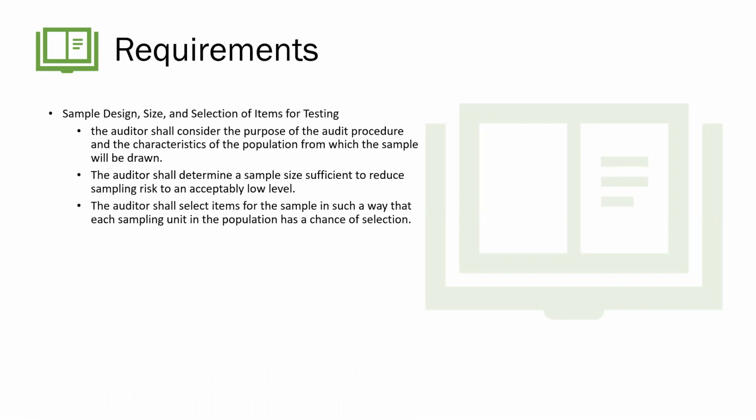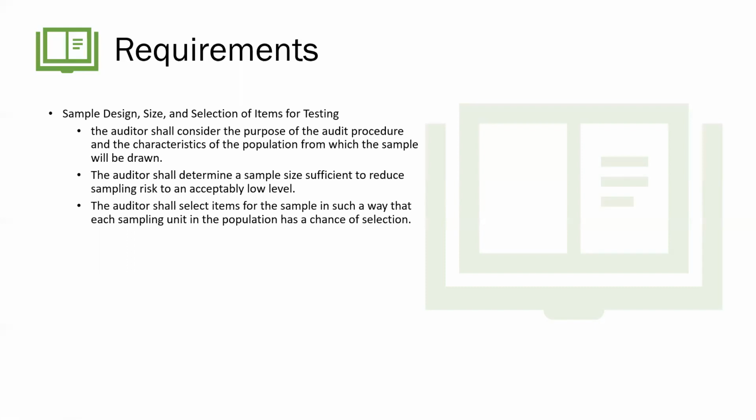The auditor must make sure that they consider the purpose of the audit procedure and the characteristics of the population from which the sample will be drawn. So I need to determine what is the purpose of the audit procedure that I want to perform, for me to be able to select from the right population and to be able to select the right sample size.